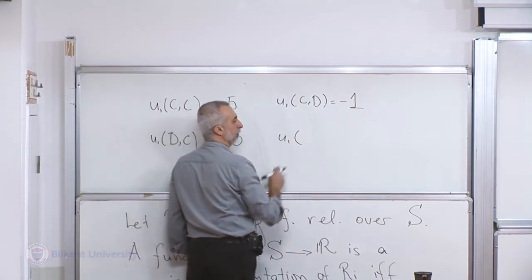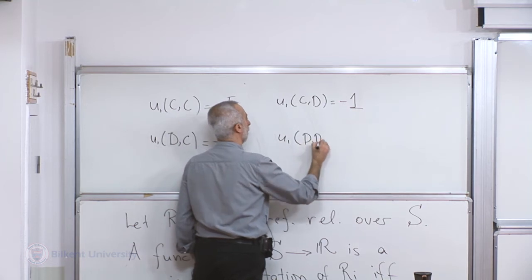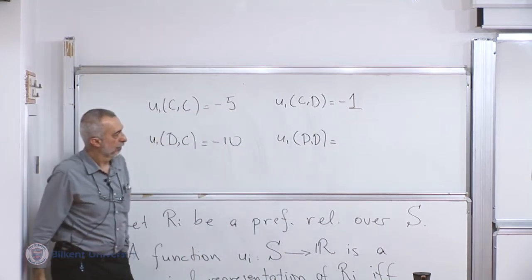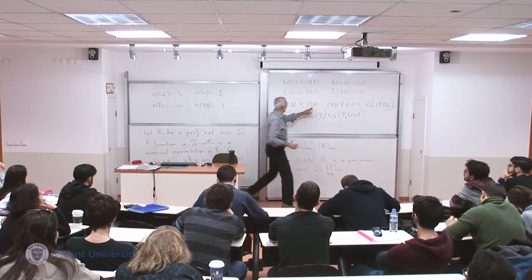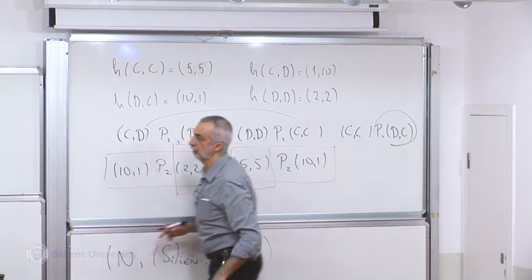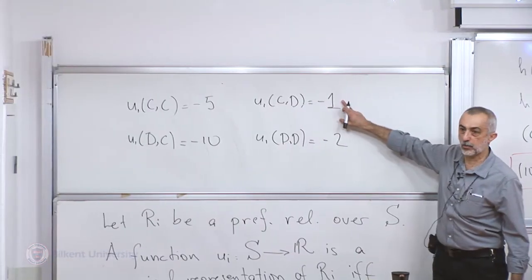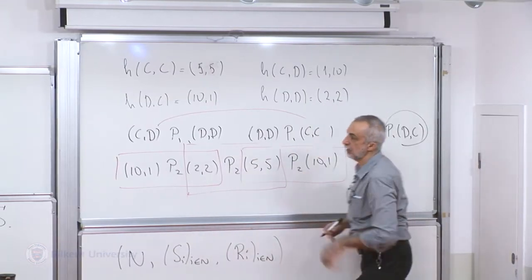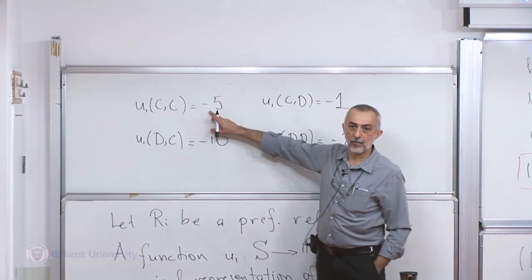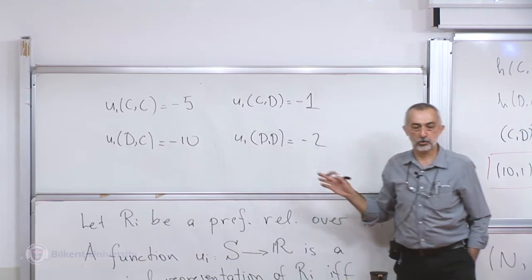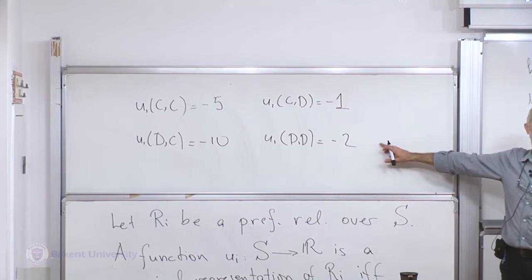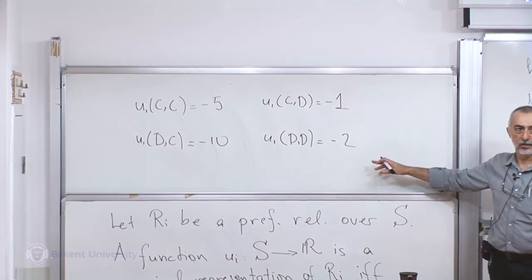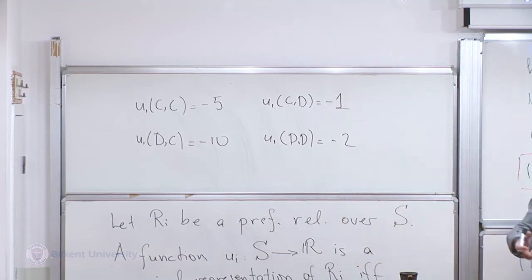U1 of DD, minus 2, right? DD is worse than CD, so it should be assigned a number smaller than minus 1. But it's better than CC, so it should be assigned a number bigger than minus 5. Minus 2 will do the job. So does minus 3. Minus 4.6 will also do the job. So this is a numeric representation of the preference of suspect 1. It's not the only one.